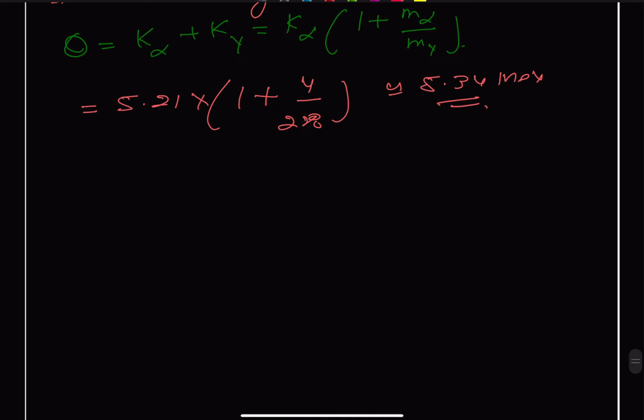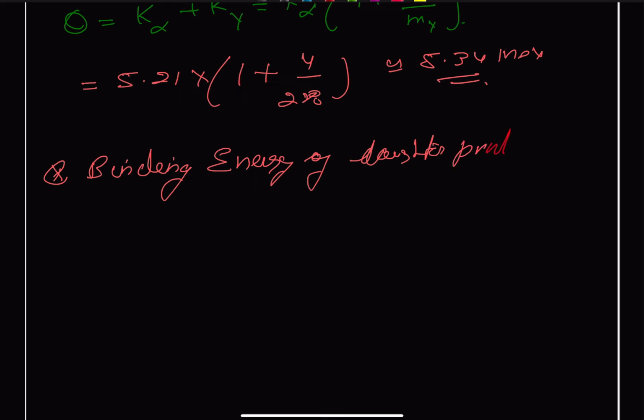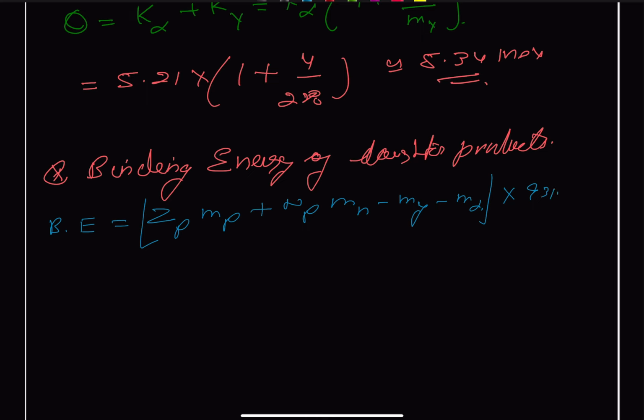So we can say the binding energy of the daughter products will be equal to Zp multiplied by Mp plus Np multiplied by Mn, minus My plus M alpha, and the whole term multiplied by 931.5.